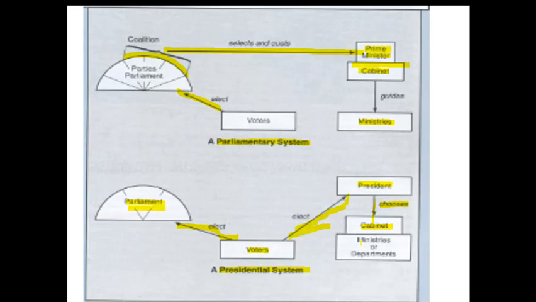And then the cabinet and the departments carry out the administrative functions of government. But you have considerably more checks and balances and separation of powers here, because the voters are electing the president and the parliament separately, one covering the legislative branch, the other covering the executive branch.